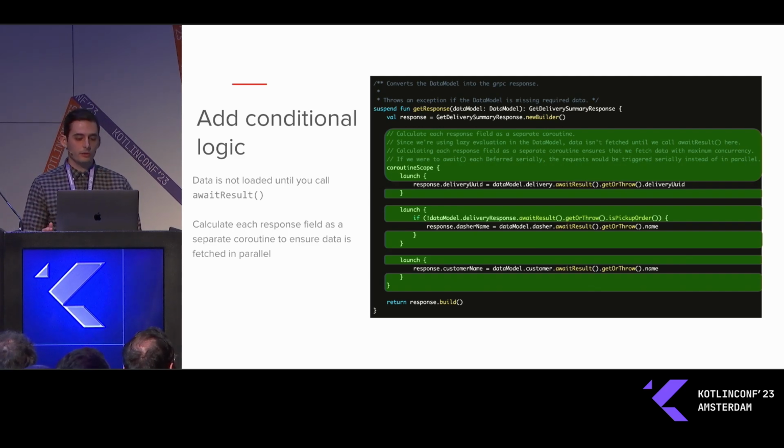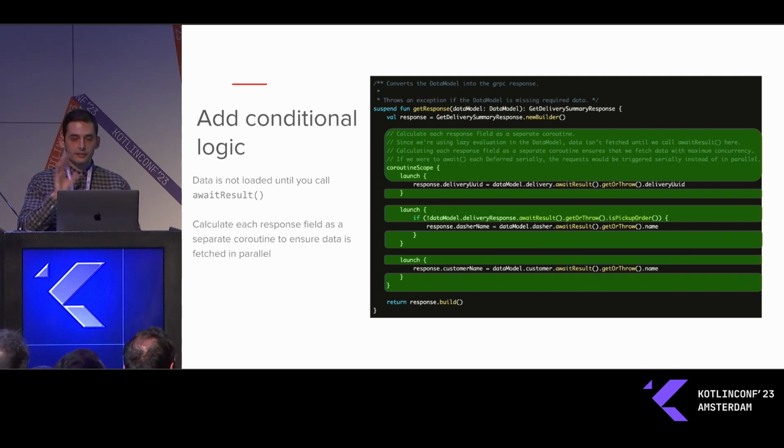And technically, you don't need to calculate each individual field inside a coroutine. If you know which fields depend on what data and what API calls, you could group them together. But this is error-prone, and the groupings can change over time. So for example, if you change where data is fetched from, or add new business logic, the groupings will change.